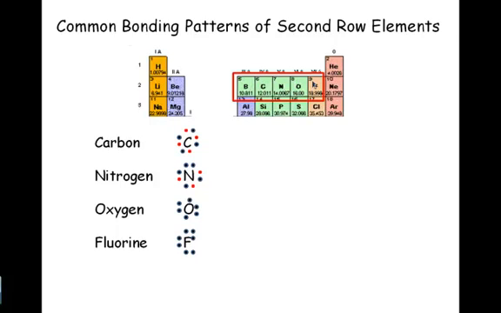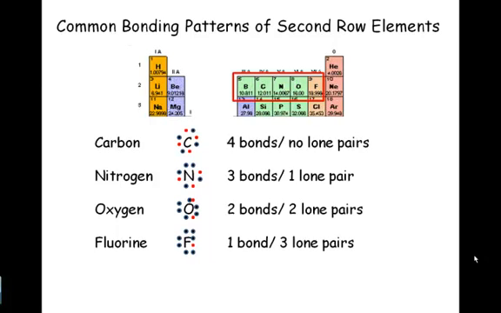In order to obtain an octet, it needs 2 more electrons, which have to be donated from another atom. So oxygen can form 2 covalent bonds. Now fluorine, like the rest of the halogens, has 7 electrons in its valence shell. It only needs 1 electron to complete its octet, so fluorine can make 1 bond.